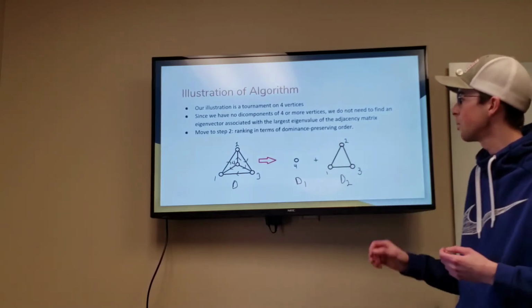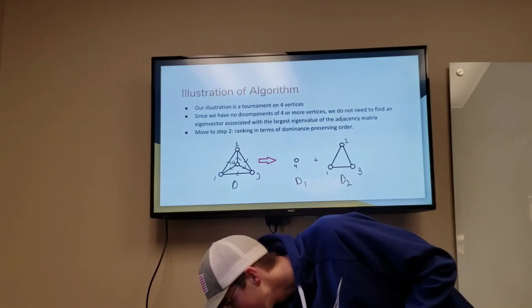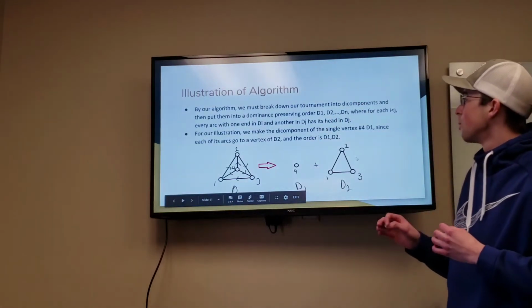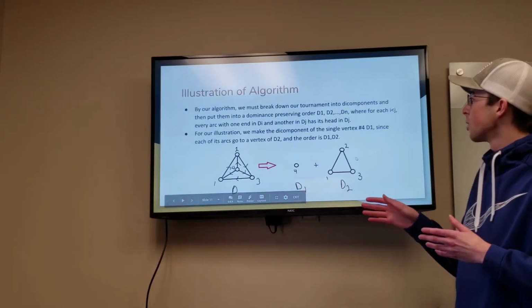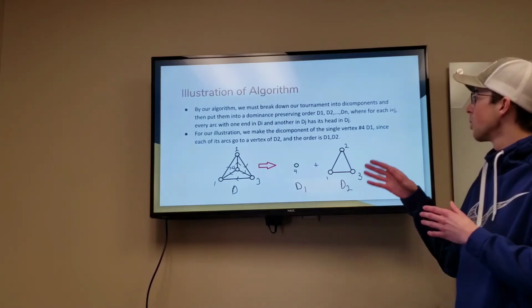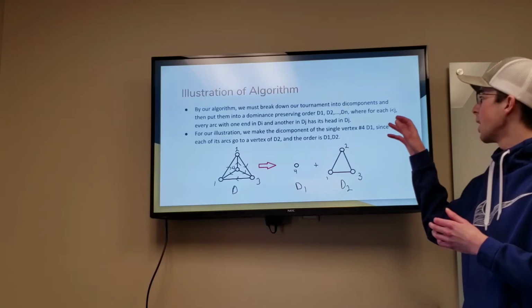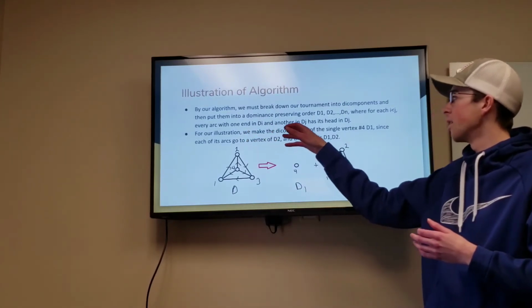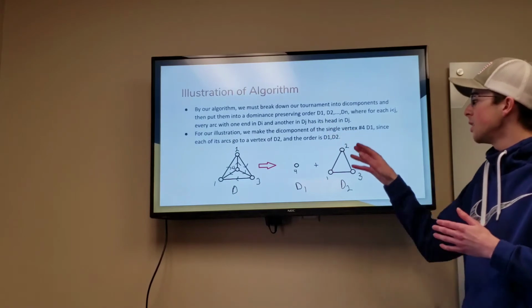So we'll just move to step 2, ranking in terms of dominance preserving order. By our algorithm, we break our tournament into dicomponents and put them in order such that for each i less than j, every arc with one end in Di and another in Dj has its head in Dj.